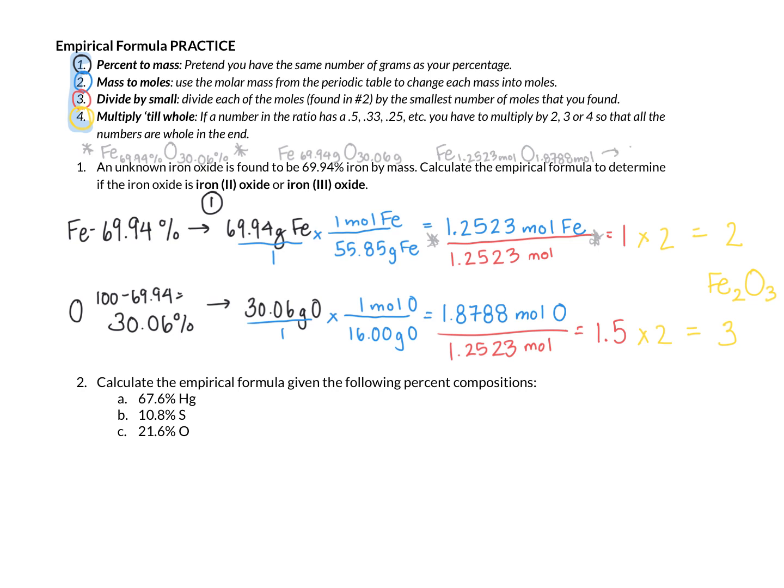That's how we got Fe subscript 1, O subscript 1.5. That's a simpler ratio, but it's not a whole number ratio. So we said, well, that's the same as Fe2O3. A 1 to 1.5 ratio is the same as 2 to 3, and chemical formulas just have to be written in a whole number ratio. You can't have a fraction.